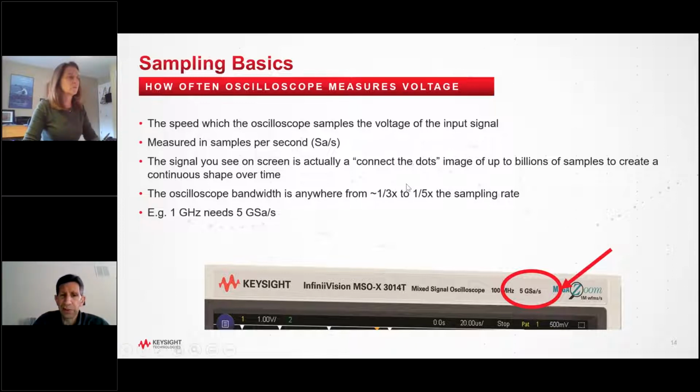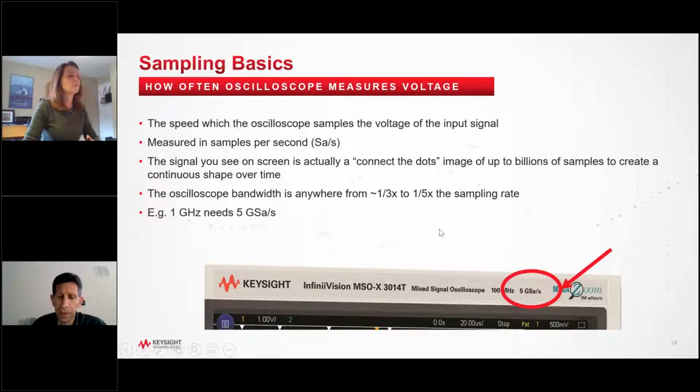And again, oscilloscope bandwidth can either be down as low as 1/3, or third harmonic, to fifth harmonic or better, 1/5 the sampling rate. We mentioned, it's recommended to do a fifth harmonic or 5x sampling rate, so 1 gigahertz bandwidth, 5 gigasamples per second.